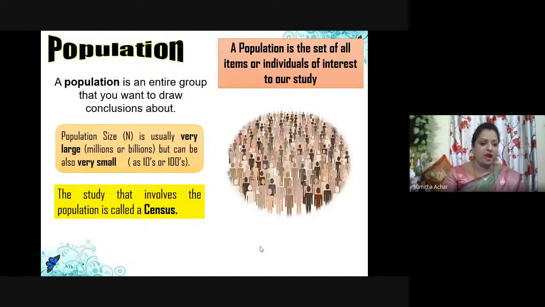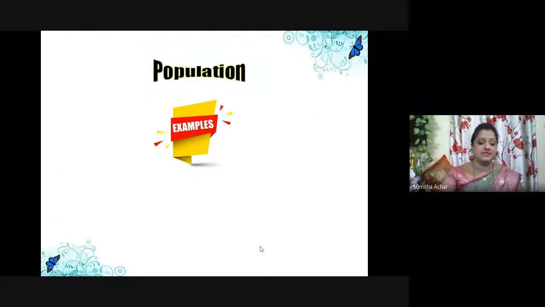Now you may be wondering how the population size can be tens or hundreds. Consider an organization where you have only 36 employees. Then that's a population itself, right? It's a smaller population. But always in research, we denote the population size as a capital N. The complete enumeration of a population, we call it a census, right?